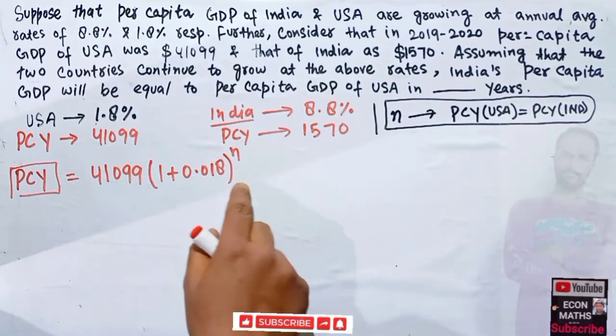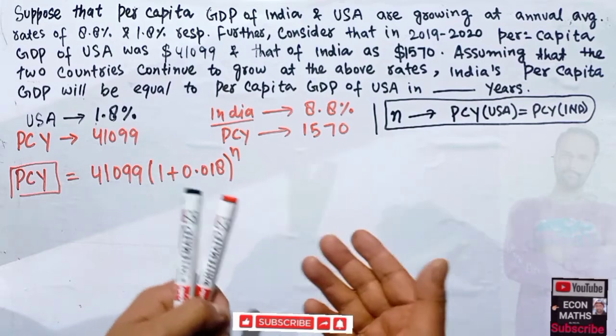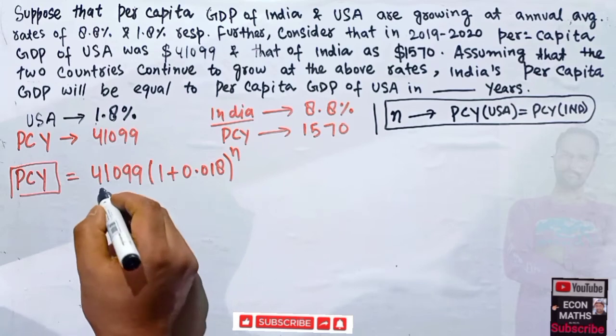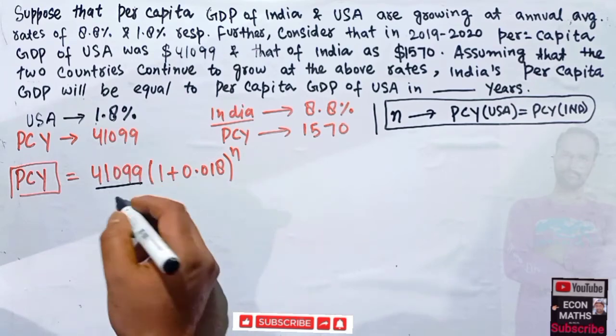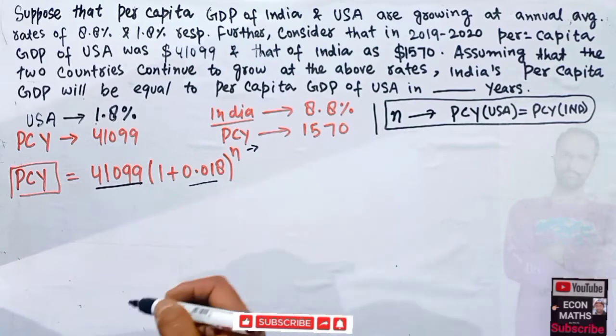This is the growth formula which we use in compound interest also. This is our principal amount, n is the number of years, and this denotes the growth rate.